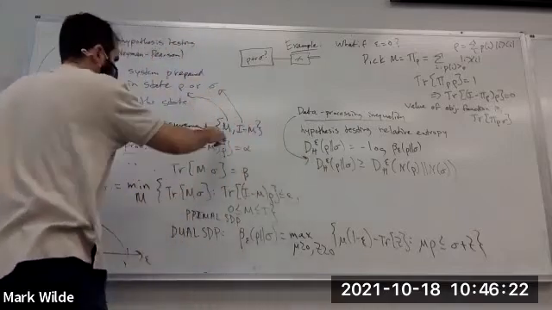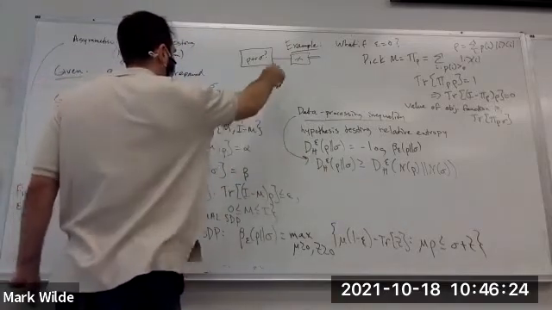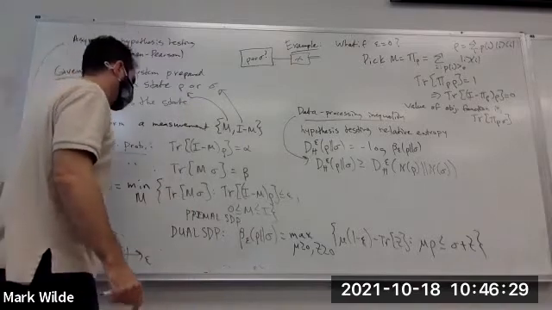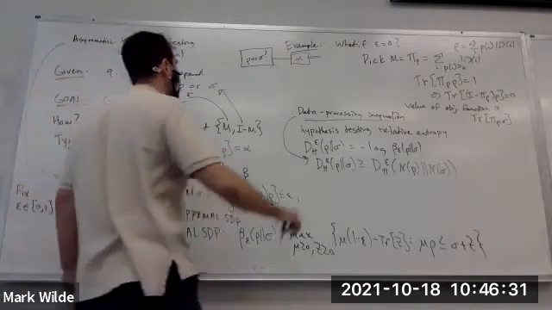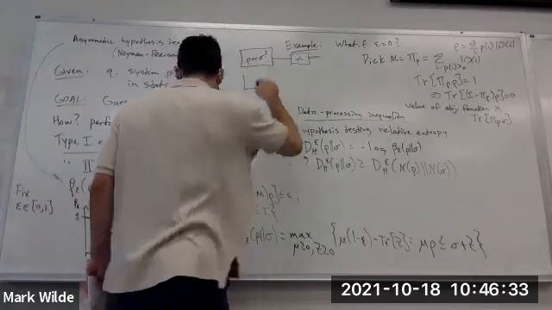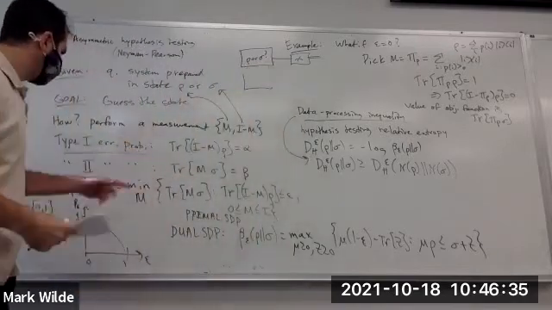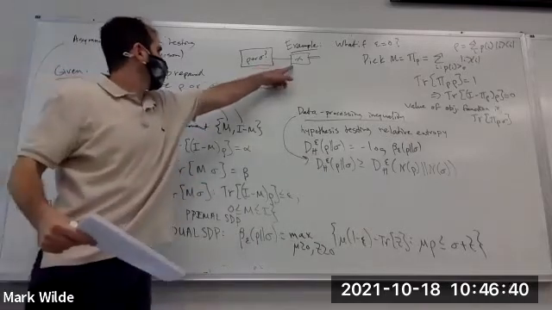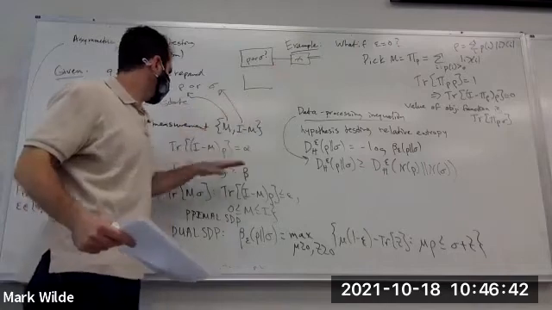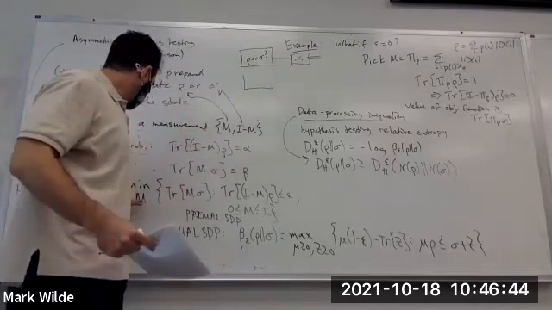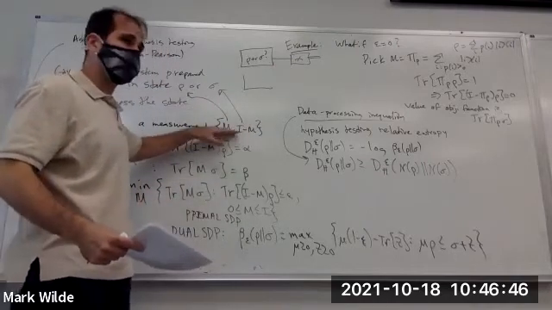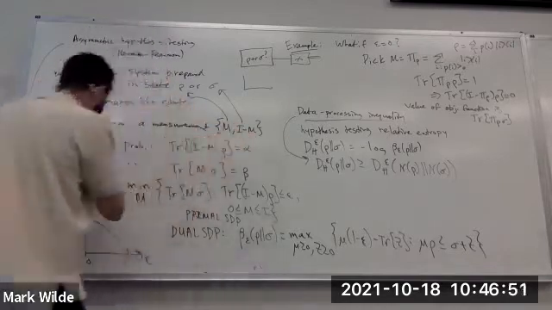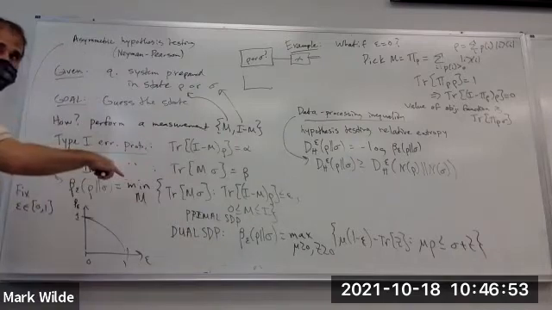That measurement will be described by M and identity minus M, and it leads to some outcome probabilities, two of which will be these. All right, and in this quantity you see we're optimizing over measurement operators, right? So there will be some choice of a measurement operator M, corresponding to a measurement with M and identity minus M, that will be optimal for this quantity.